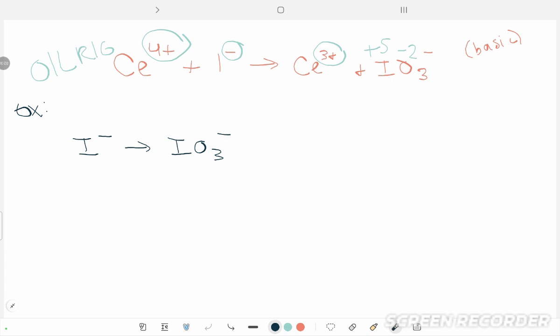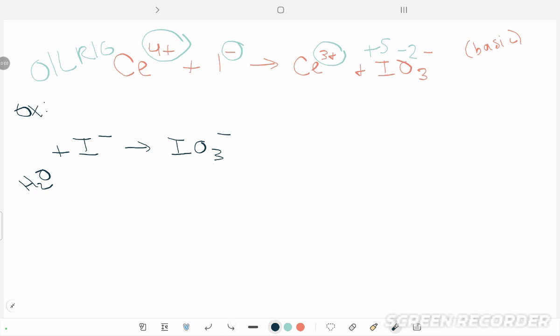So to start, you are going to try and balance this out. So we have oxygen on this side and oxygen on no other side. So we're going to have to add oxygen to the left. To do that, you add H2O. There's 3 here, so we need to get 3 there.